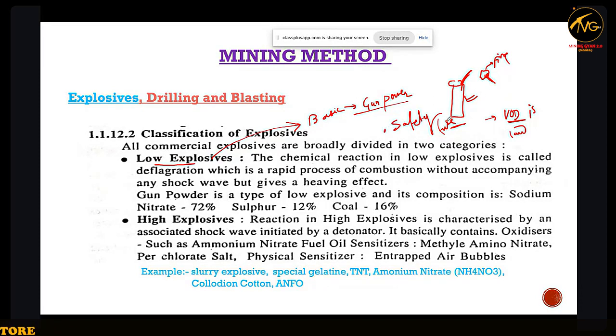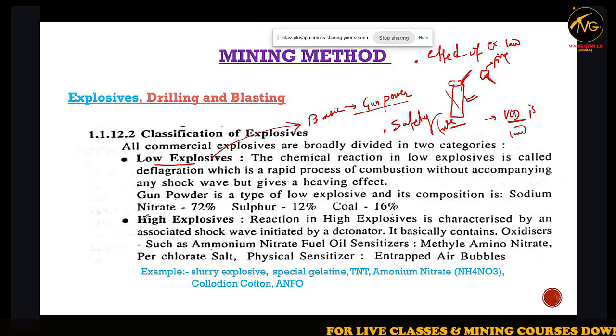Third point, when we blast it, effect of explosive will be low. ठीक है, we have seen the gunpowder. Now come to the high explosive. High explosive में क्या होगा?